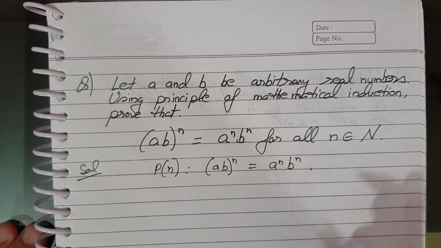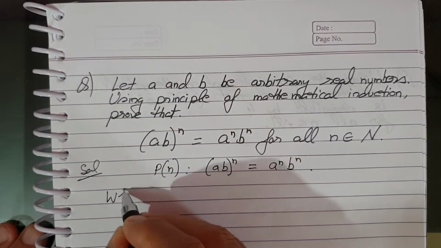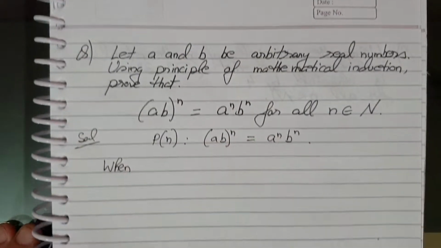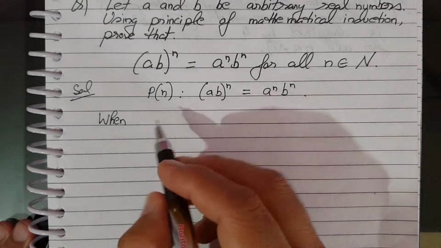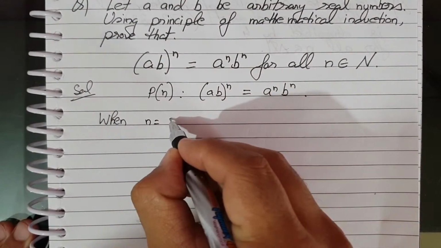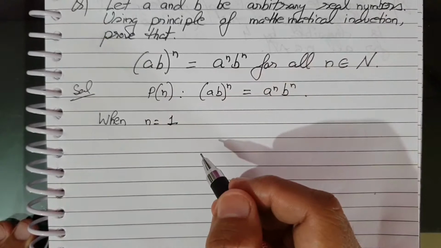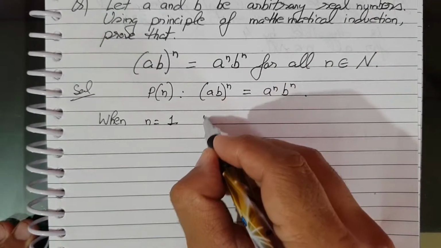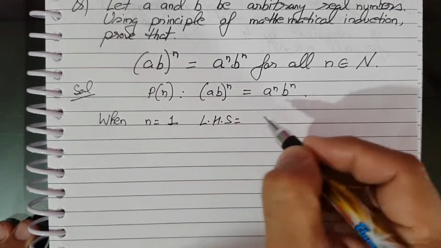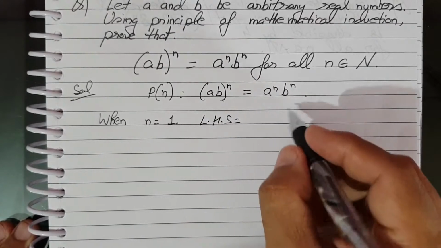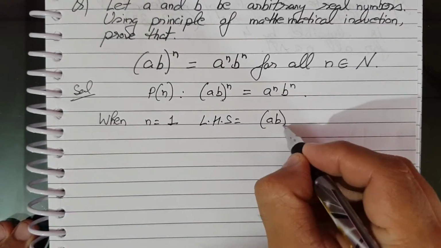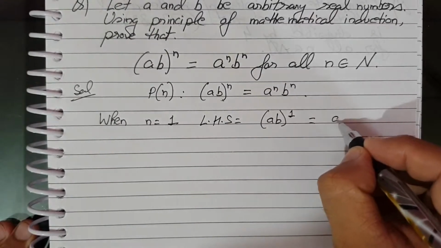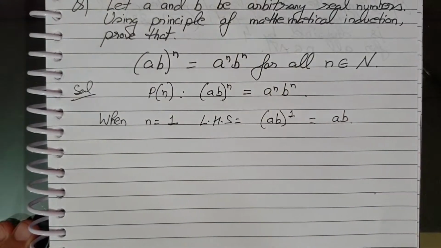Now when n equals 1, this is P(1). What is the LHS? The value of the LHS is (ab)^1, which is ab only.